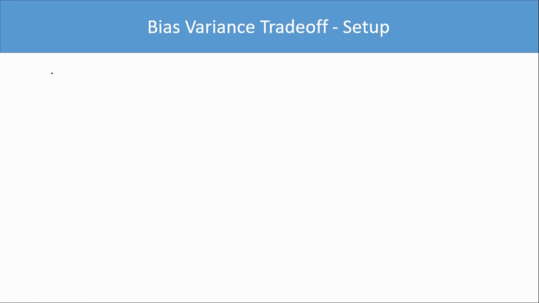So now let's put this: P of x comma y is still there, and our data set is generated according to P^m, which means all our training data is generated. And then I generate a test point, let's say x star comma y star. This is generated according to P. So now what I'm asking, in the case of the linear regression model, is: what is my expected error on x star, y star?